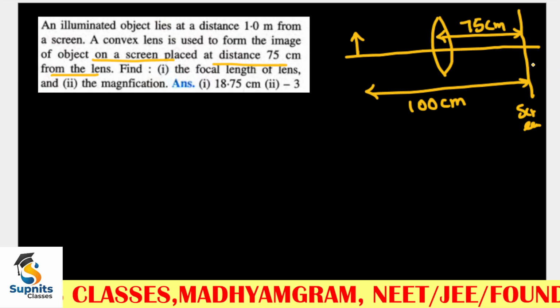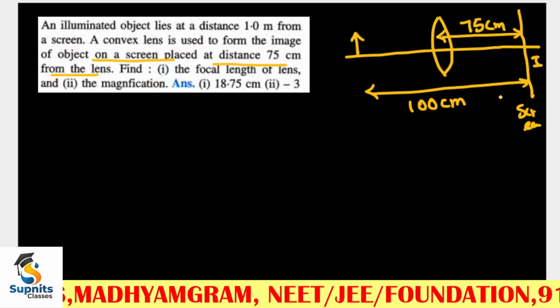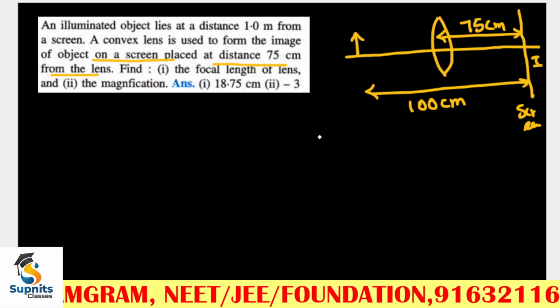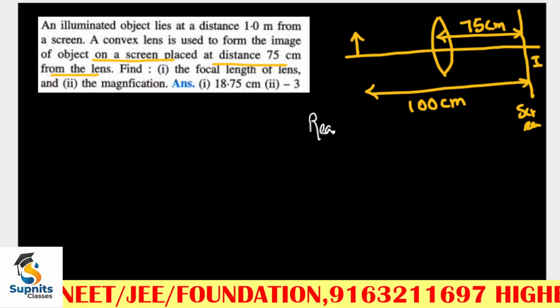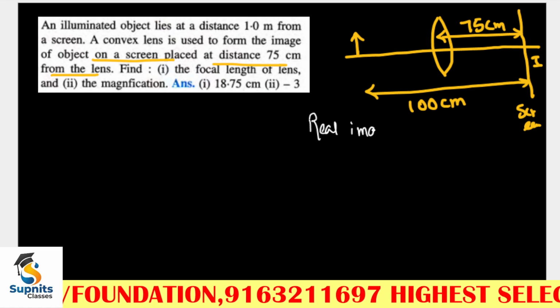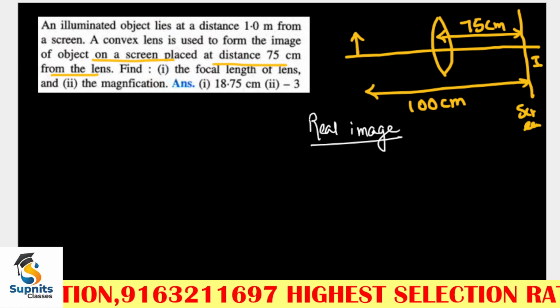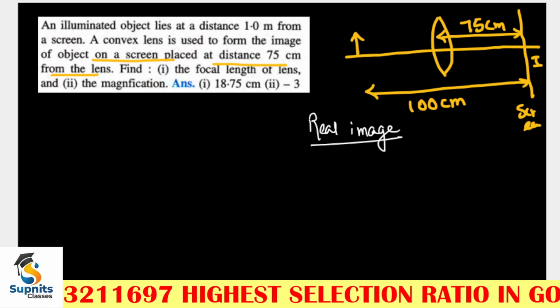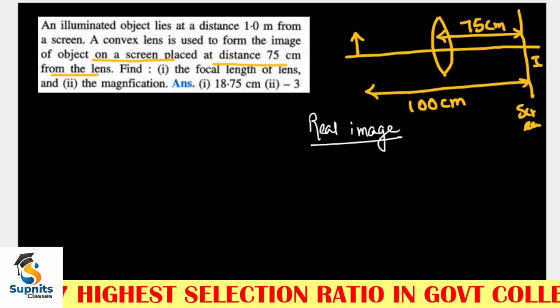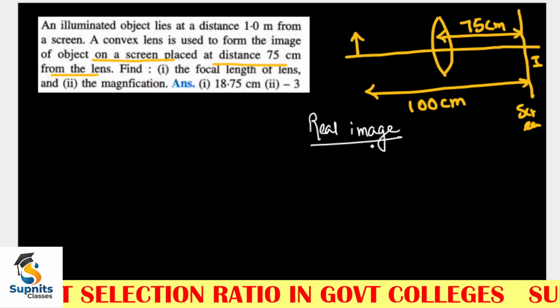So I am pretty sure my image is over here and it's a real image, because the image is formed on the screen. Makes it very clear. When I draw the diagram, things become clear.